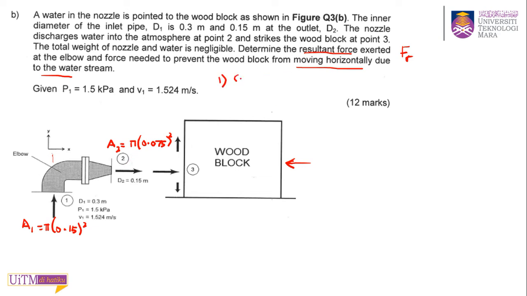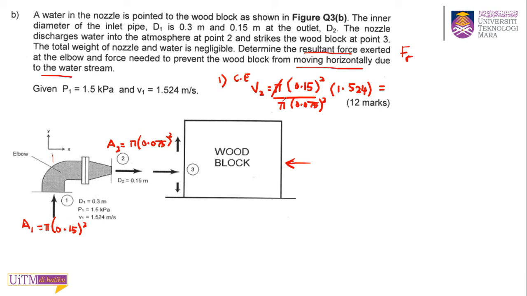From the continuity equation, V2 will equal A1, so pi times 0.15 squared, over A2, pi times 0.075 squared, times V1, which is 1.524. So what is the value for V2?